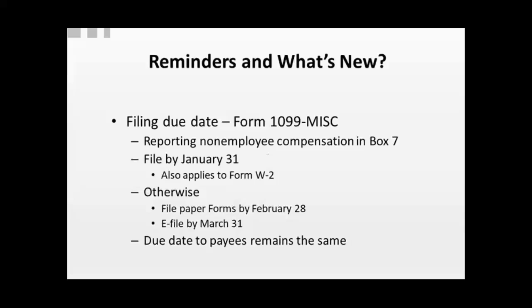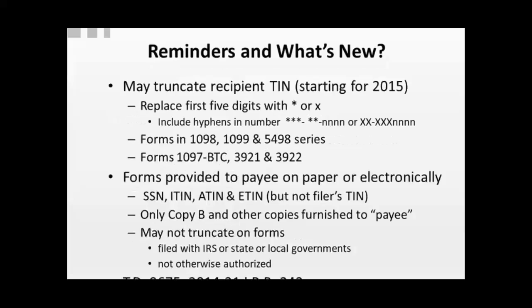The due date for the 1099 NEC is going to be January 31st for filing and also for furnishing to the recipient. But the 1099 will no longer have that split due date for Box 7 versus non-employee compensation versus anything else.